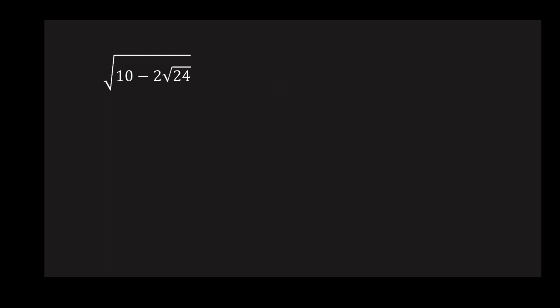Now let's look at the second problem. It looks almost the same as the previous one. So first, let's recall the perfect square formula in our mind. A plus b squared is equal to a squared plus 2ab plus b squared. And for this one, there is a minus symbol, so let's replace b with minus b.